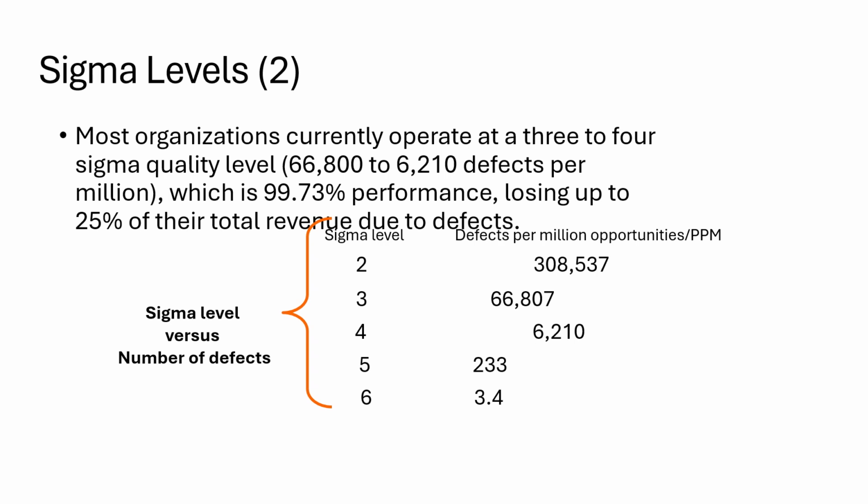So you're looking at almost a perfect product or service. That's why our ideal goal is to operate at a 6 sigma level.